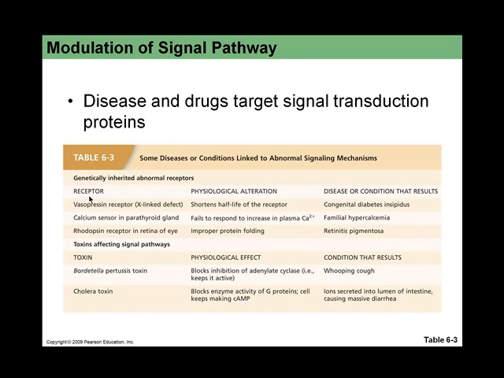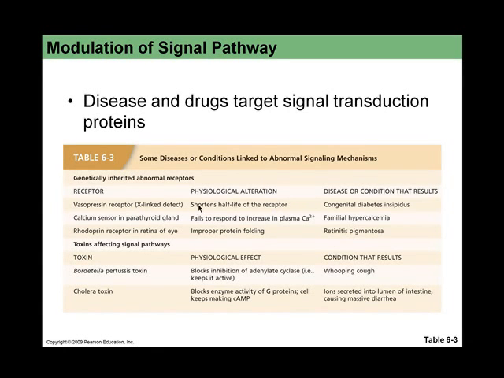So a receptor, for example, the vasopressin receptor, it is a membrane protein, and vasopressin is also called antidiuretic hormone. So if you can't respond to antidiuretic hormone, then you're going to produce high volumes of urine that have a lot of water in it, because antidiuretic hormone increases the resorption of water from the urine.